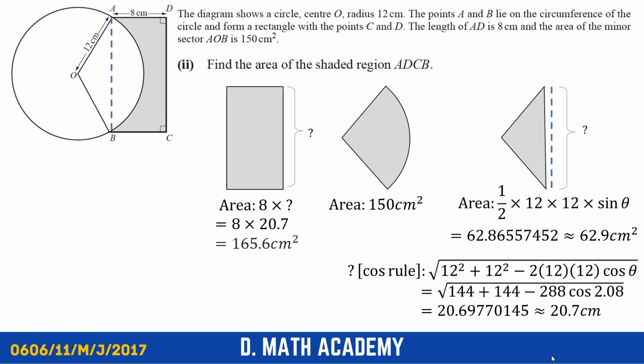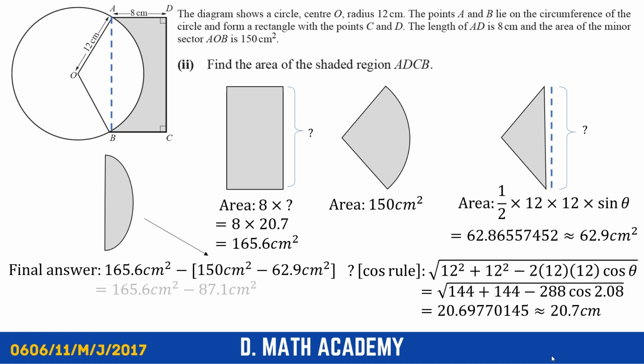So with all this information, we can now identify the shaded region. What I did was take the total area, which is 165.6 cm squared, minus 150 minus 62.9, so that I can identify the chord area over there.